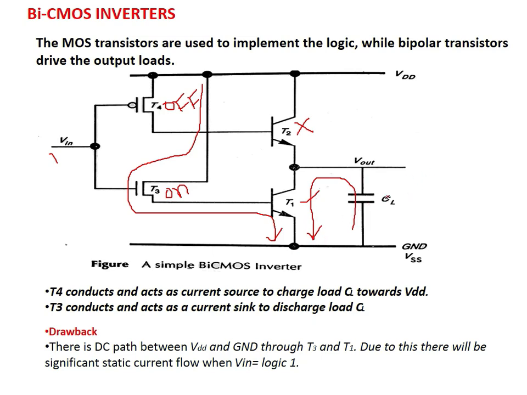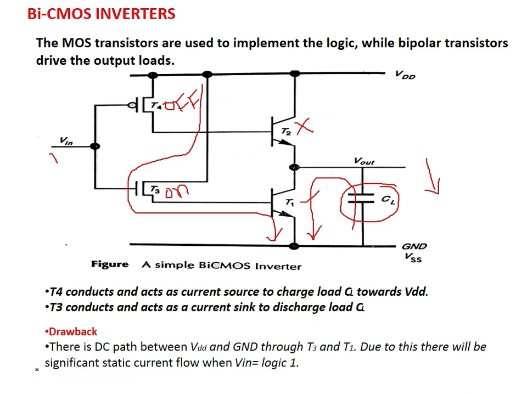In the previous case, the capacitor was charged to VDD. Now this charge is discharging through transistor T1. Hence you will get a low output. So for high input you are getting low output, and for low input you are getting high output. So that is inverter behavior. Like this it can work as an inverter.